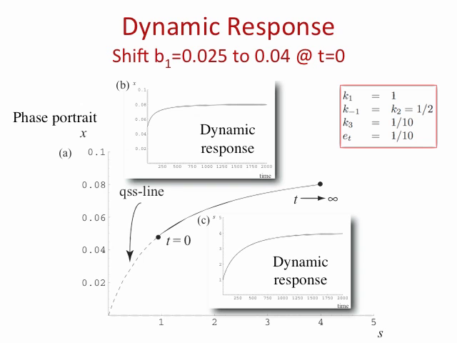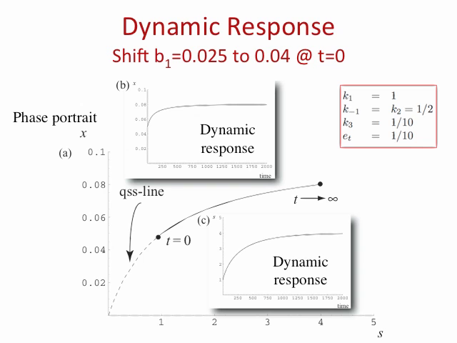The dynamic response here is such that we start out at time 0 on that hyperbolic curve and we move up it until we stop where time goes to infinity. In this case, the binding step of the substrate to the enzyme, characterized by K1 and K minus 1, is relatively rapid compared to the removal of the product from the system, characterized by K3.